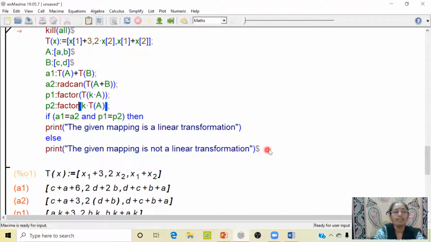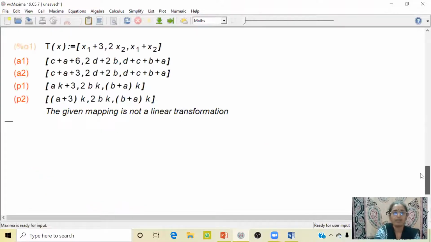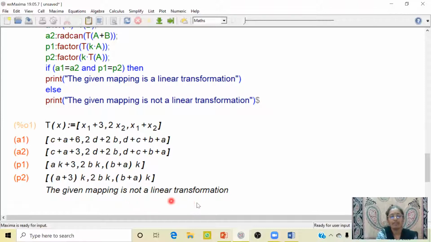And now you execute it using shift enter. So you get the correct output over here. See here, the 2 is multiplied within, and here k is removed as a common factor. And once again, when you compare A1 and A2 and P1 and P2, they are not equal. Therefore, the mapping is not a linear transformation.